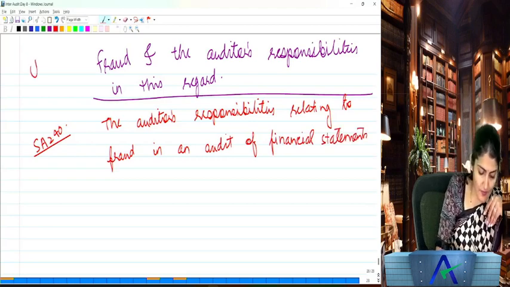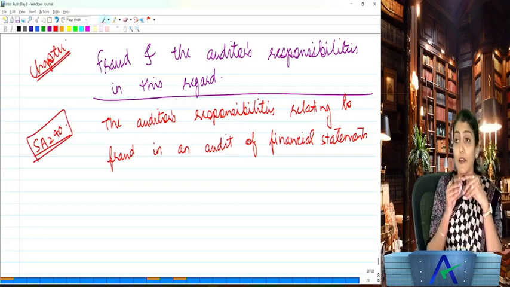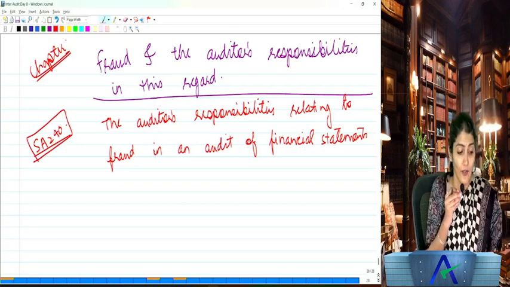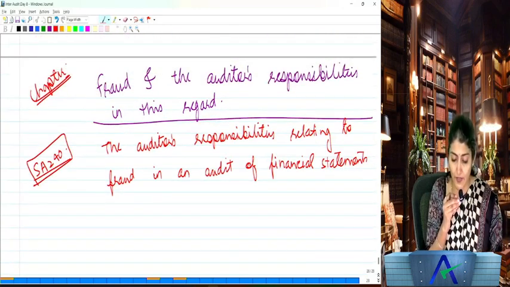So this is the name of the chapter and the name of the standard that we cover in this chapter. What is the name of the standard? The auditor's responsibilities.